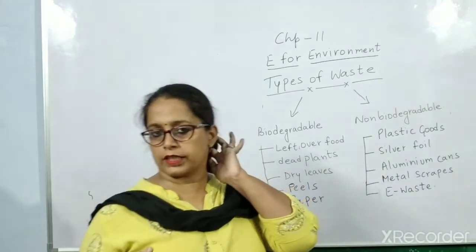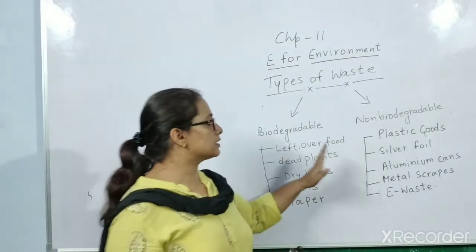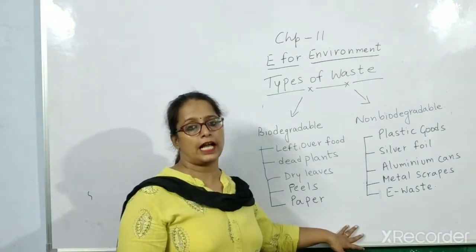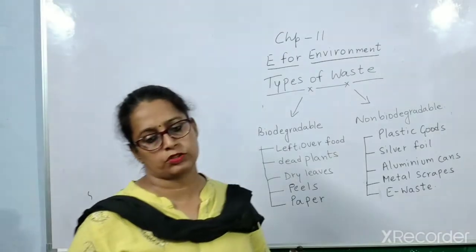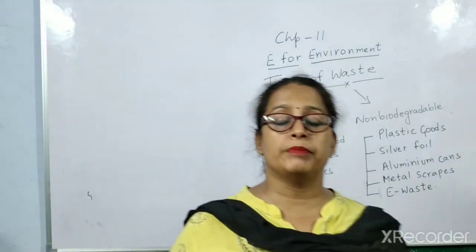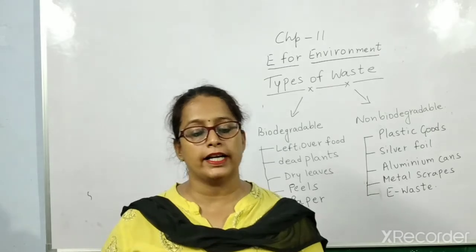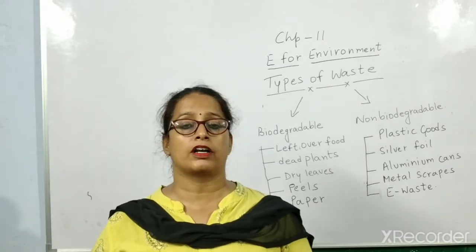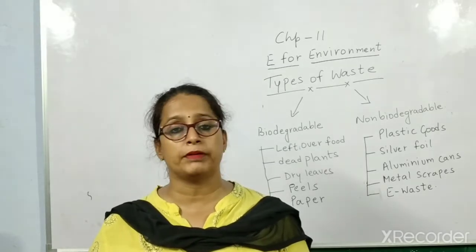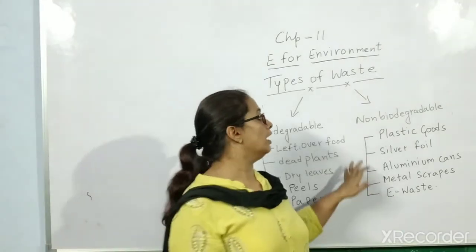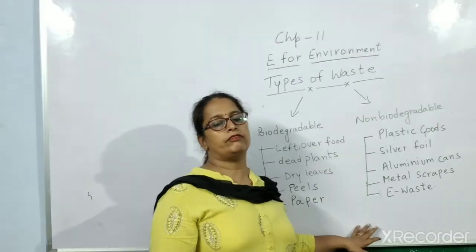These all come into e-waste. These things are not decomposed by organisms. They cannot be decomposed, right? And it takes many years for them to decompose. That is why it is not safe for our environment, because it does not mix with the environment, and that is why it is known as non-biodegradable waste.